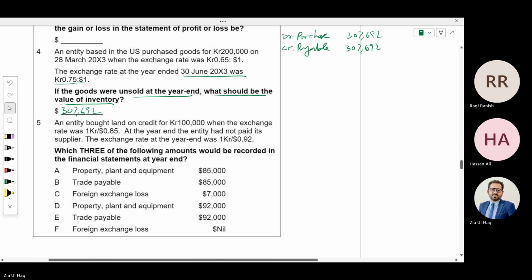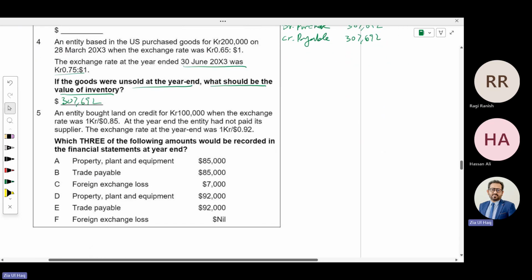Number 5. An entity bought land on credit for 100,000 krona when the exchange rate was 1 krona by $0.85. Now this is a case of multiplication, and if we multiply, that will be 85,000. At the year end, the entity had not paid its supplier. The exchange rate at the year end was 0.92.